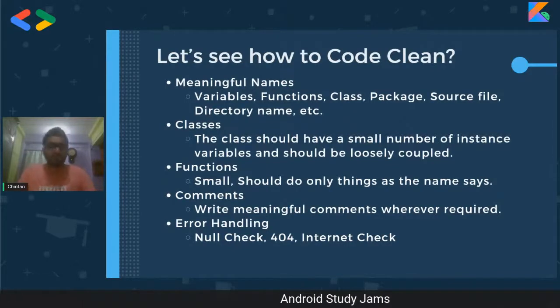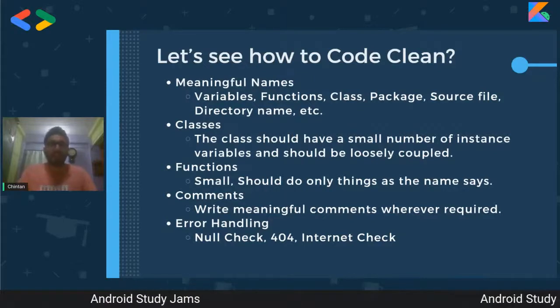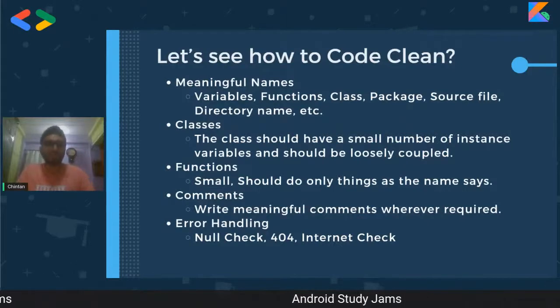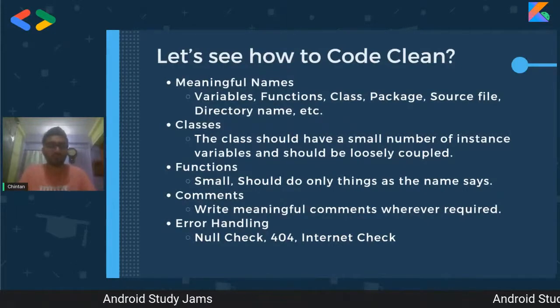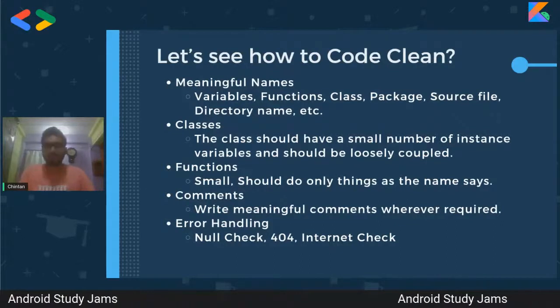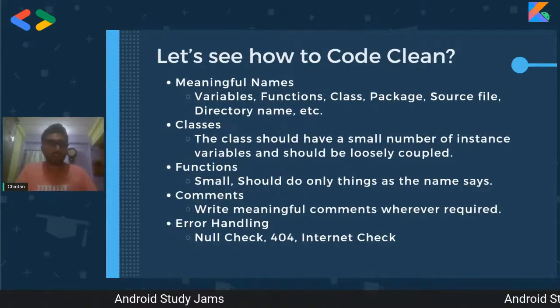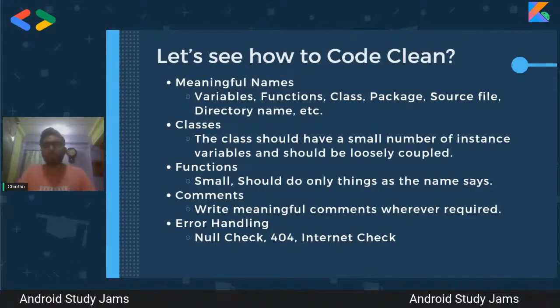So you should always keep track of error handling, and that doesn't mean you should always write a try catch wherever you are facing some problem, just because you are getting lazy. Try catch is generally not a good practice.